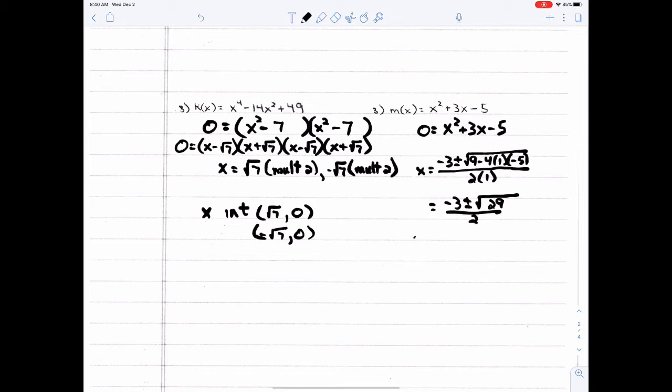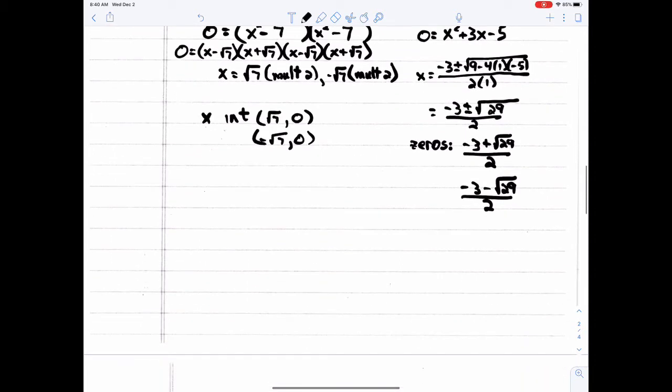Therefore, what are the zeros? The zeros are negative 3 plus square root of 29 all over 2, and then the other one is negative 3 minus square root of 29 all over 2. And those are also the x-intercepts.